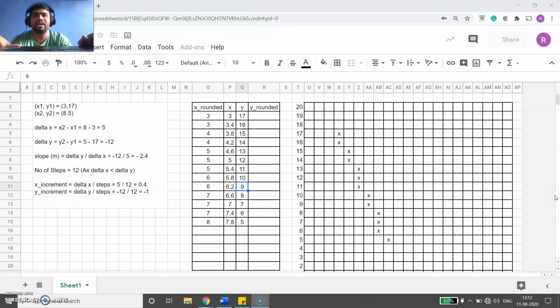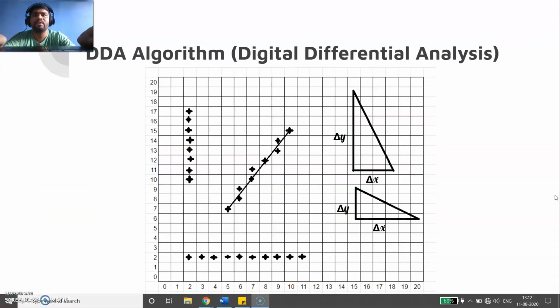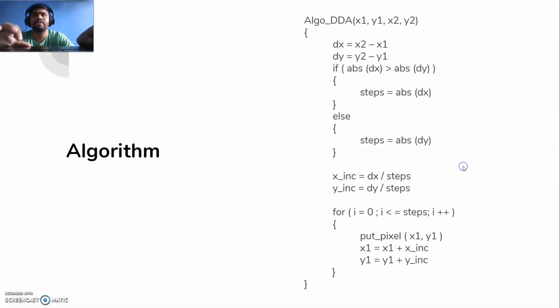Now let's proceed and understand the working of the pseudocode. This is the pseudocode of the algorithm. You can see we have the DDA algorithm wherein we pass x1, y1 and x2, y2. We calculate delta x and delta y.